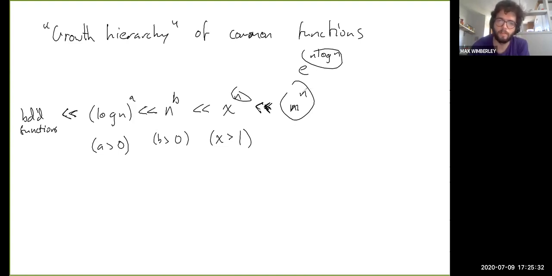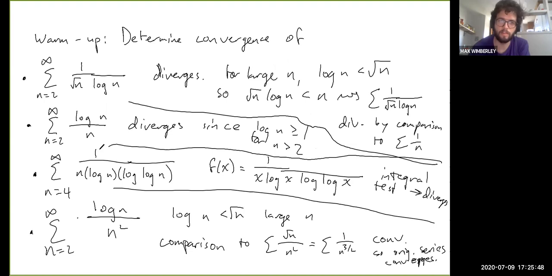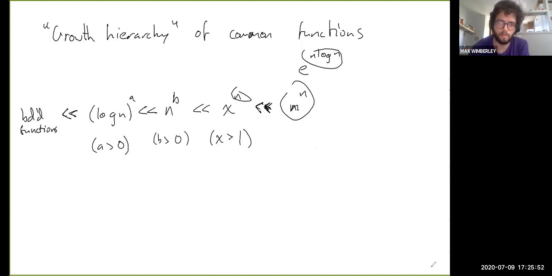So of course this is going to grow a lot faster than that one. Getting used to figuring out which functions are much bigger or much smaller than others will help you a lot in doing rough estimates and analysis of series and stuff like that, or just sequences even.